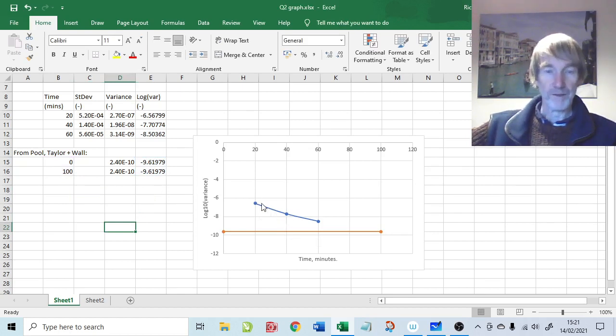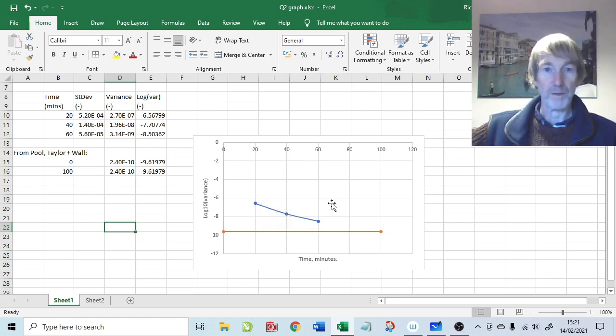The first data in blue being the experimental data, the data in a sort of browny orange colour being the theoretical. So Poole, Taylor and Wall is telling us what we should expect when we've got maximum randomness for these particles. It's a very low standard deviation and variance, but we've not got there.